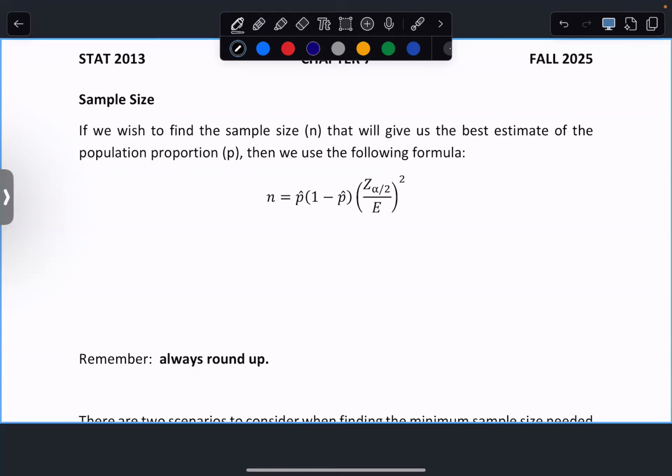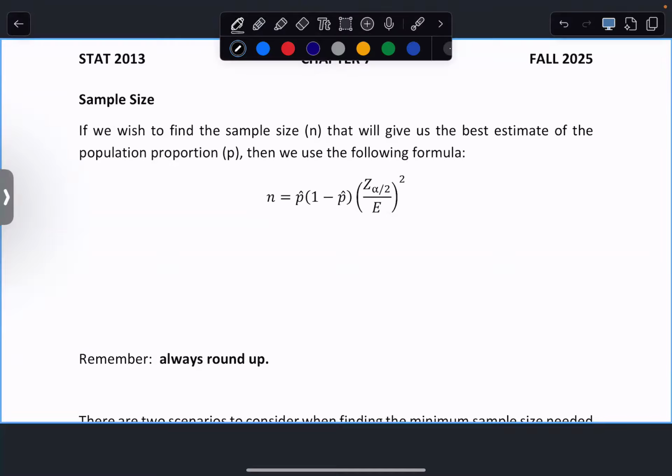Now I solve for n, and n will be equal to p hat 1 minus p hat divided by that. Once you cross multiply, the z comes out.